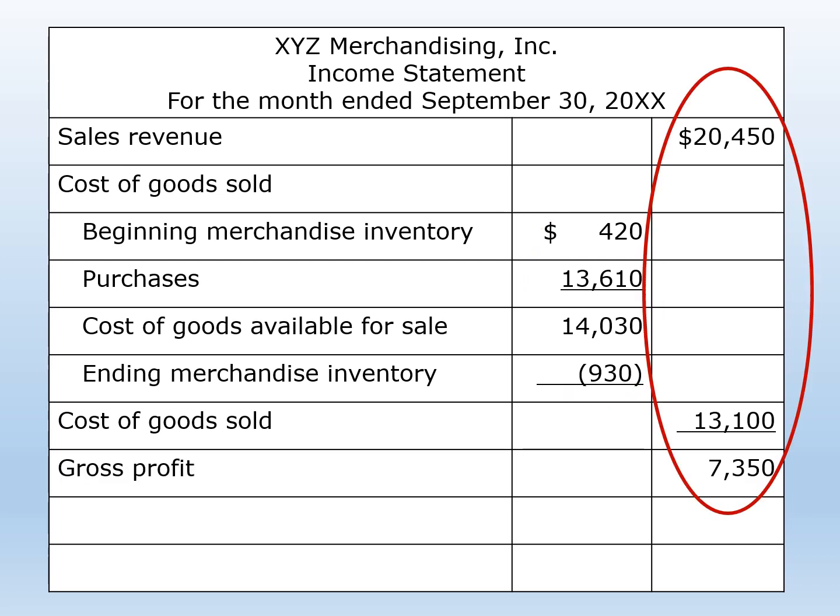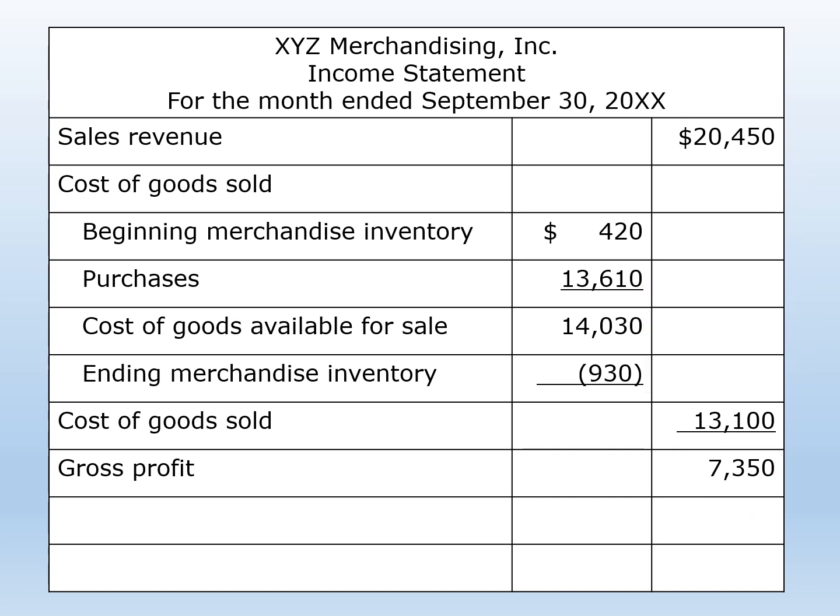Now we can get back to the main plot and take sales revenue minus cost of goods sold to get the firm's gross profit for September, the difference between the sales revenue that the inventory generated and what it cost us to acquire the inventory that was sold.